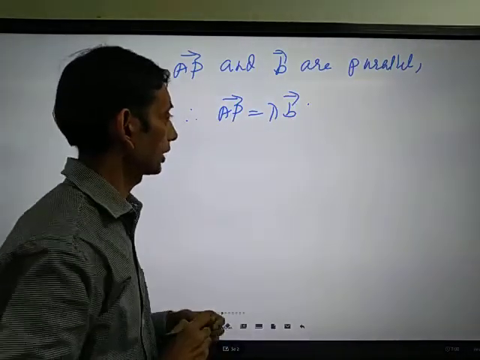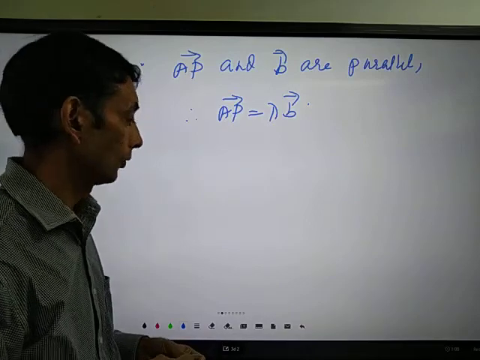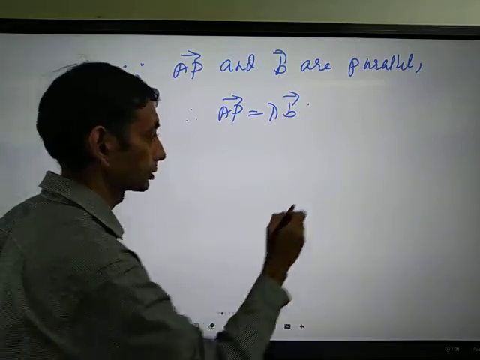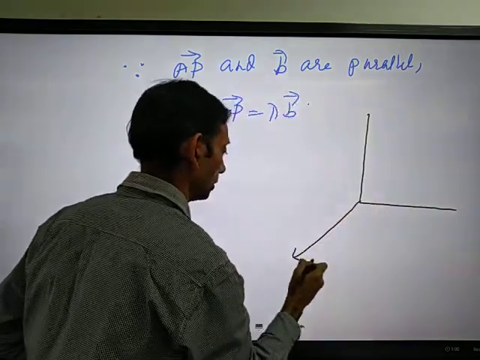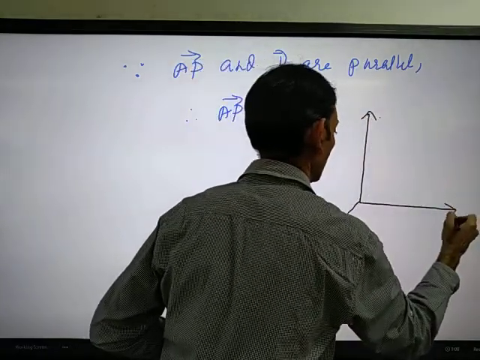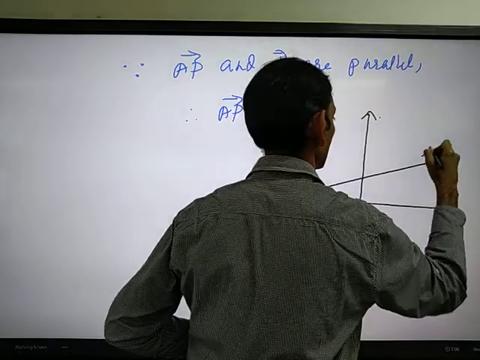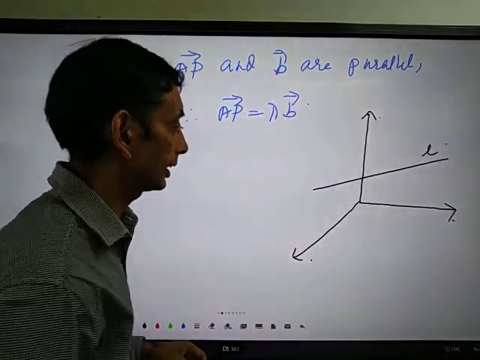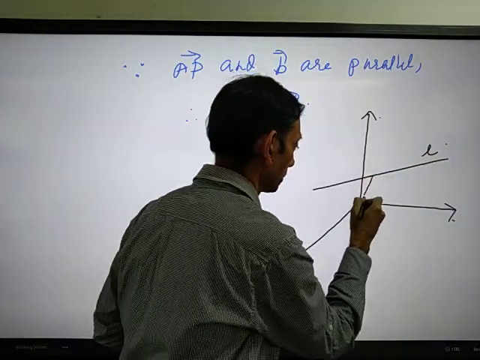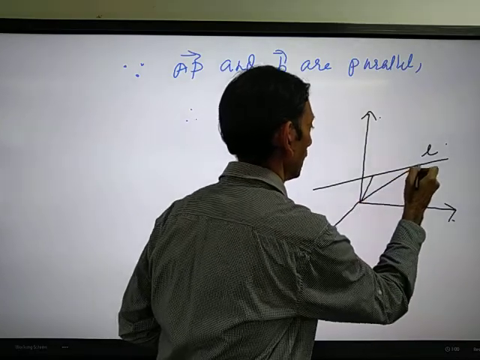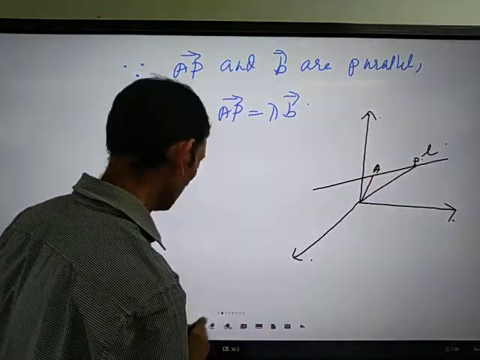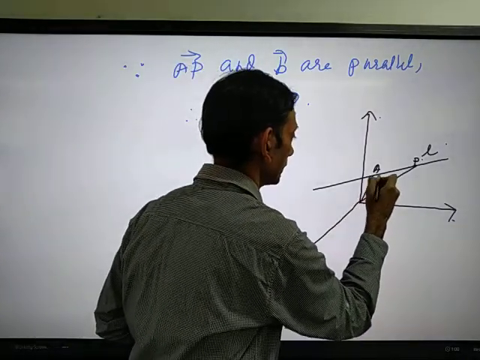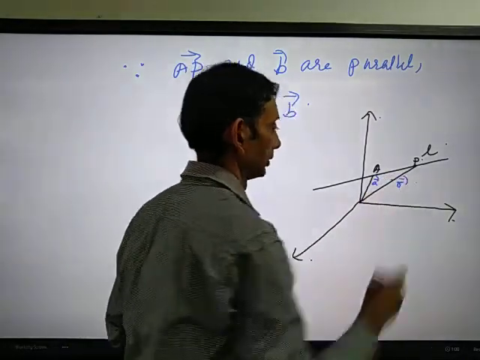Now let us try to find out what AP is from the figure. So just draw the figure here. Let us assume that this is a line, and we have taken the fixed point as A, and the arbitrarily chosen point is P. This is A, and the position vector of A we have taken as a, and this is r.